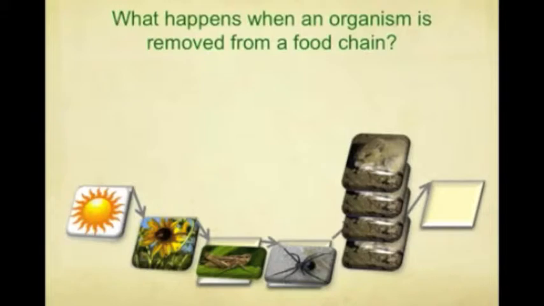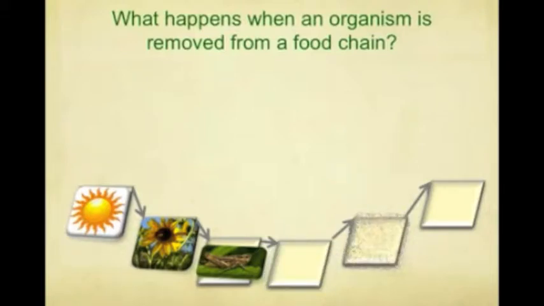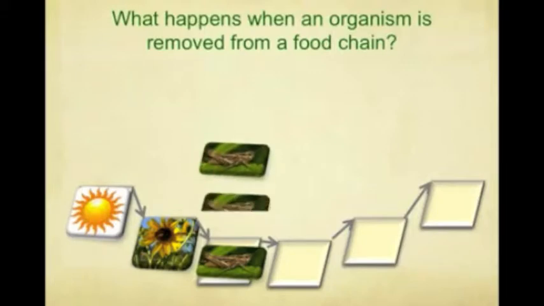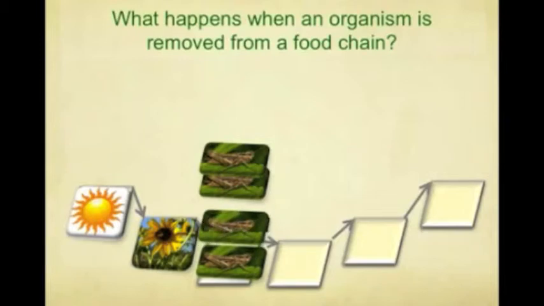If the mouse population increases, they're going to affect the spider population. The spider population is probably going to go down because there are too many mice eating all of the spiders. So as that happens, that's going to negatively affect the mouse population. When the spiders are gone, the grasshopper population is going to get out of control. And this is often what happens when we have infestations of insects.